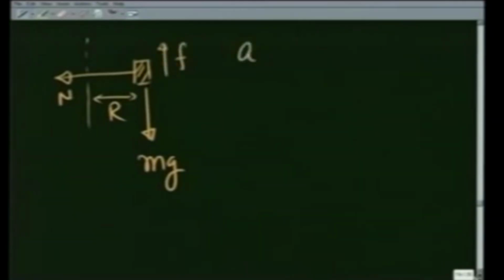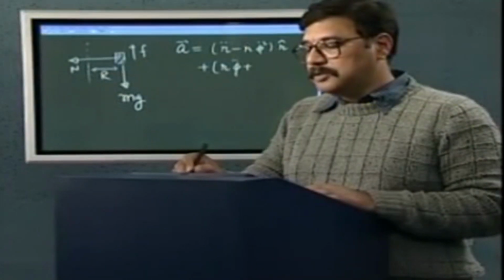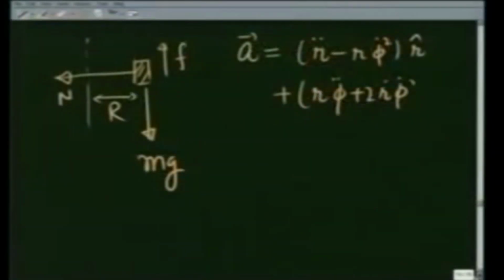Its acceleration in cylindrical coordinates is going to be (r double dot minus r phi dot square) in the r direction plus (r phi double dot plus 2 r dot phi dot) in the phi direction plus z double dot in the z direction.